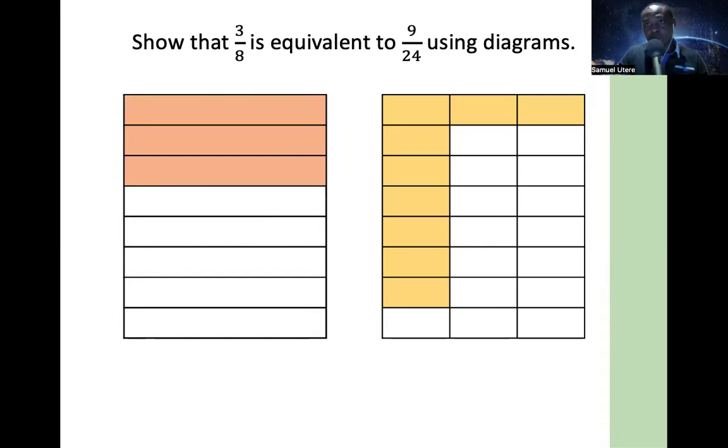Of course not, we can't. But if we rearrange these rectangles like this, we say, aha, we've actually shaded equal parts, so they are equivalent. So it's important for you to note that sometimes a solution could be rearranging the parts that are shaded in a shape, by visualizing what parts of the shapes that are shaded should be placed in what locations, and then you can deduce whether they are equivalent or not.